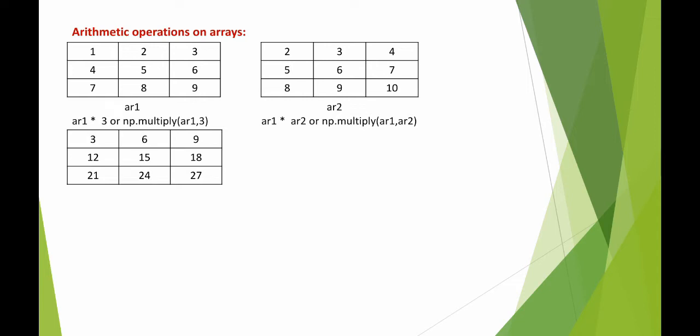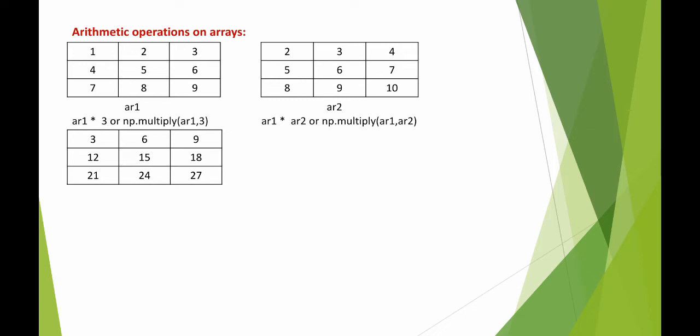In a similar way, 2 is on the 0 row and 0 column, so the multiplication will be between 1 and 2. Similarly, in AR1, 2 is to be multiplied with AR2's 3, so the multiplication will be done according to the respective indexes. Corresponding index of AR1 and corresponding index of AR2 has to be taken to get the output.